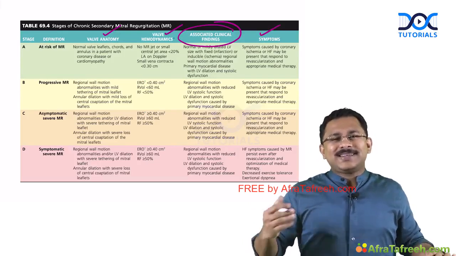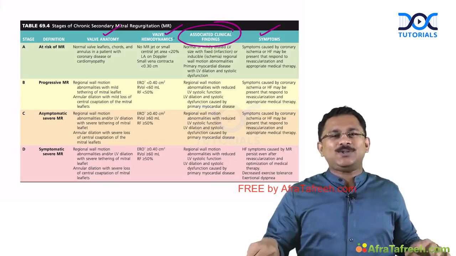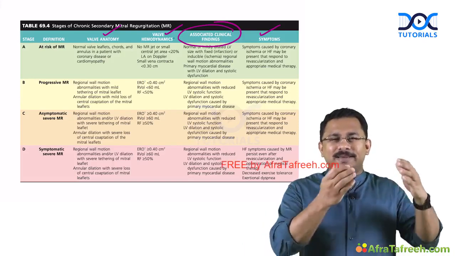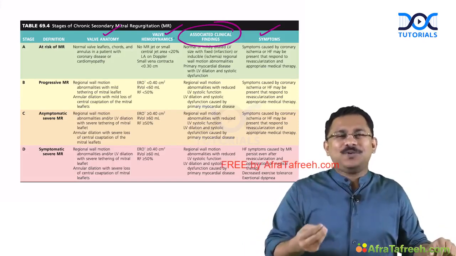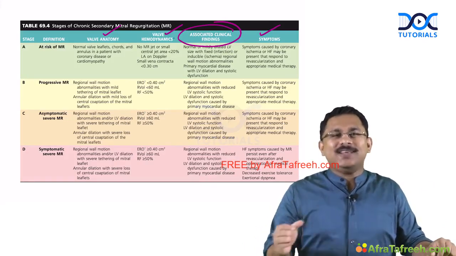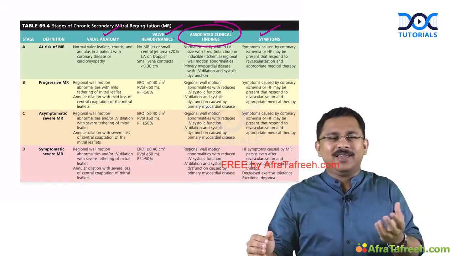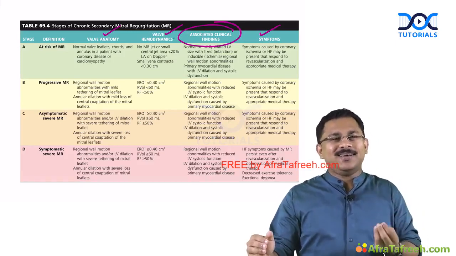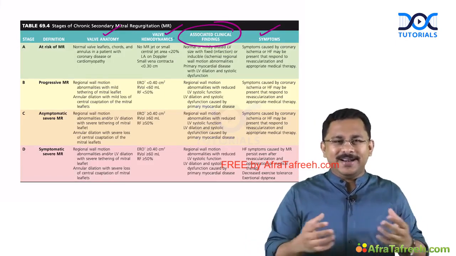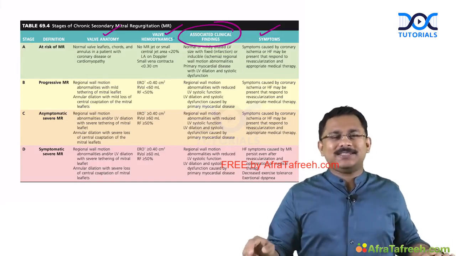And let's try to see more about this secondary MR. Patients with a chronic secondary MR in the various stages from B to D, you will have to rely on transthoracic echo to establish the etiology, to assess the extent of the regional and global LV remodeling that has occurred, the degree of systolic dysfunction, severity of mitral regurgitation, and the magnitude of the pulmonary hypertension.